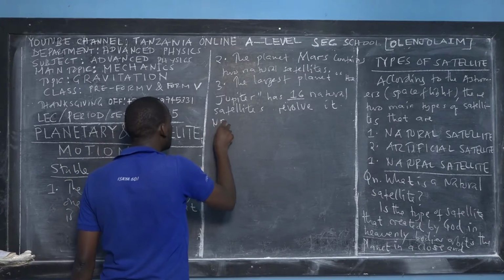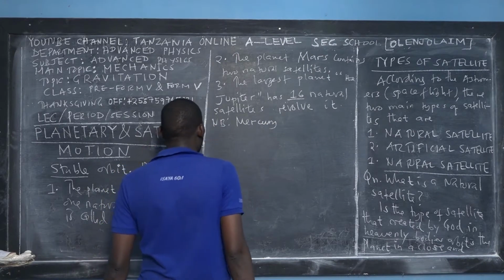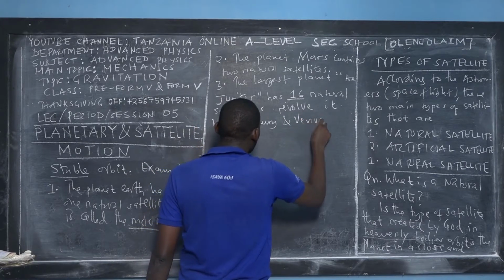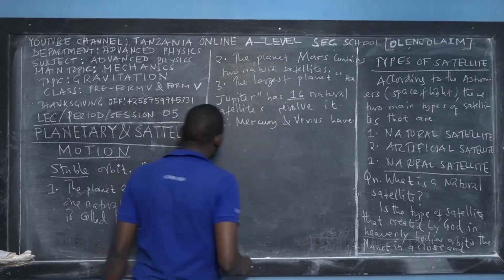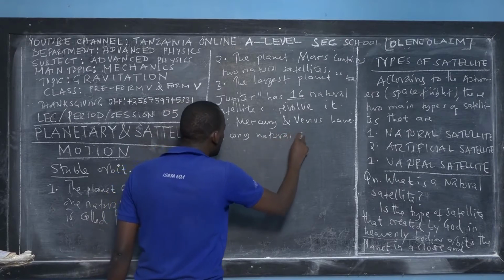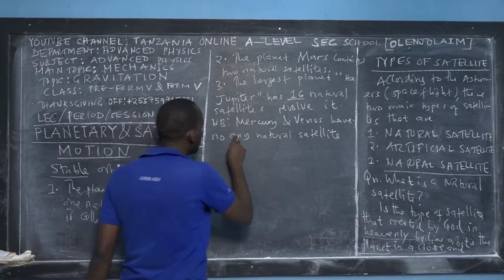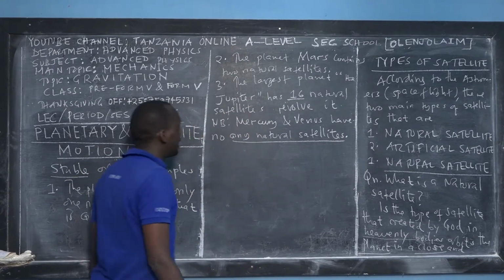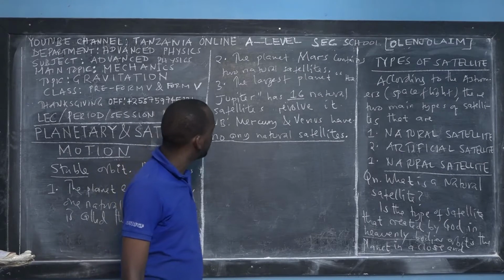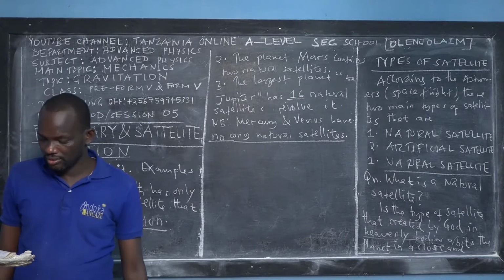So if you are asked to mention the planets that don't have natural satellites, we say that it's Mercury and Venus. They have no natural satellites, basically. Right? Mercury and Venus.